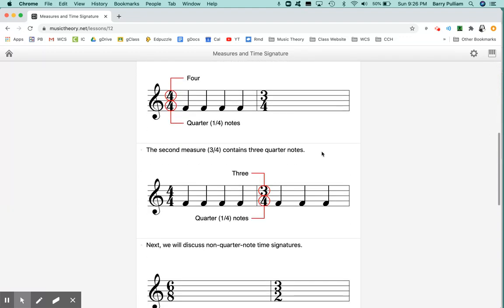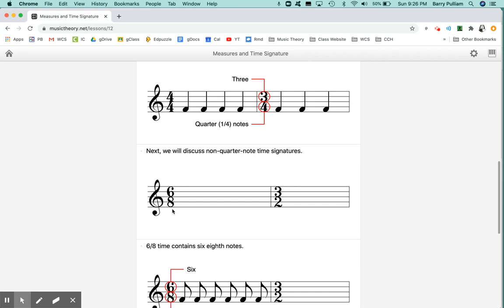A time signature that represents 6 eighth notes in each measure would be 6/8. Eighth notes, you have 6 of them. And 3/2 would not be an answer because I'm not going to ask you about 3/2.